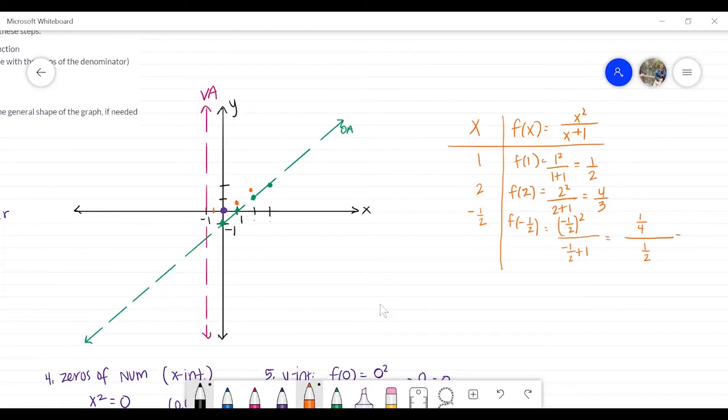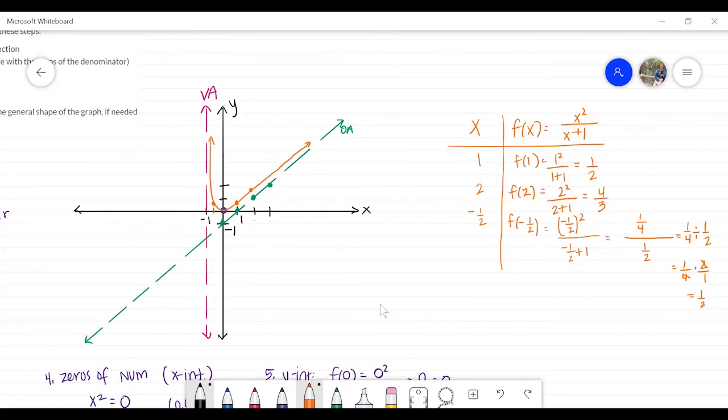So 1/4 divided by 1/2 is 1/4 times 2 over 1. That's a positive 1/2. So again, just for some idea of what that looks like, it's a little high. Something like that. So that actually gives us some pretty good view. Remember, we will never, ever cross a vertical asymptote following that line and going up that way.